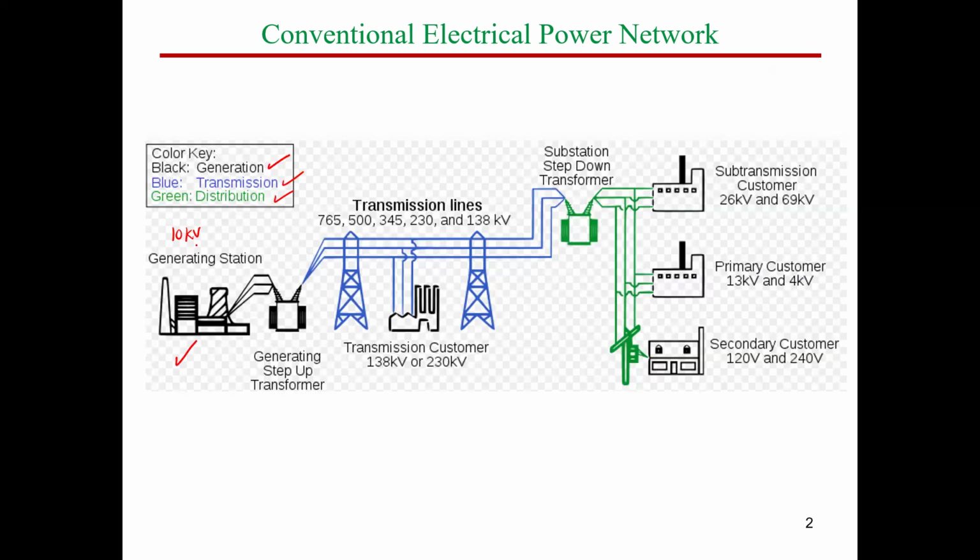And power over a certain interval of time is going to be energy. We will describe more about power, voltage, energy, and different types of AC power in the introduction of our course. So let's continue our discussion here for the conventional grid system.